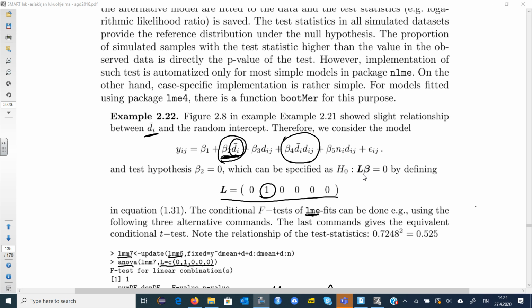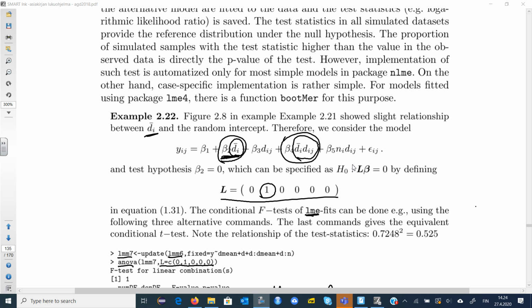So we have 56 groups in the data, but on the other hand, this product here gets a unique value for every observation of the data. So therefore, the denominator degrees of freedom for this is approximately the total number of observations in the data. So therefore, the F-test cannot be done.